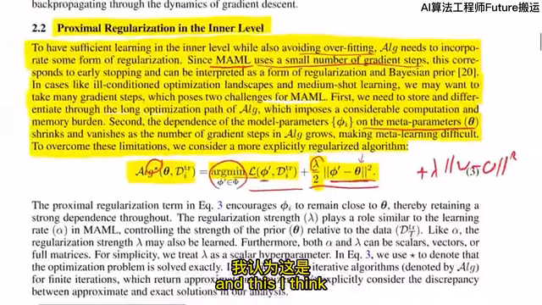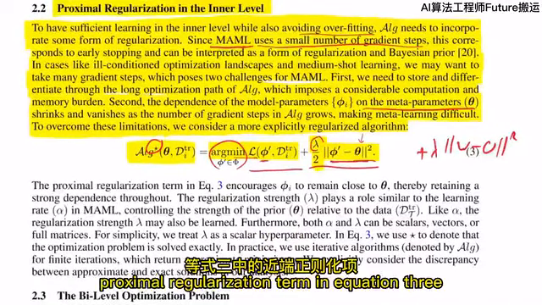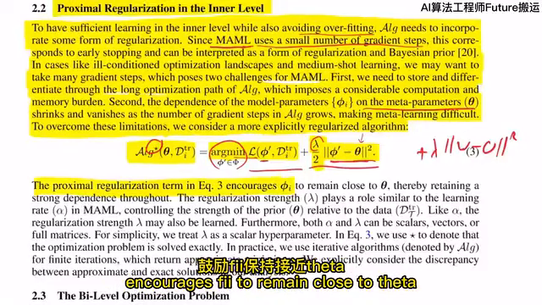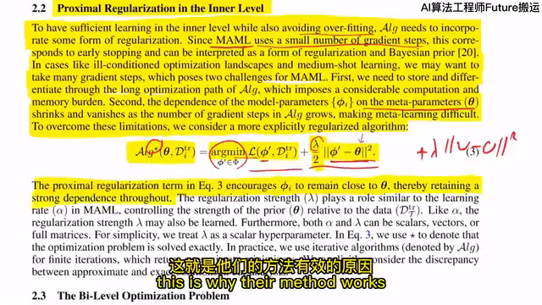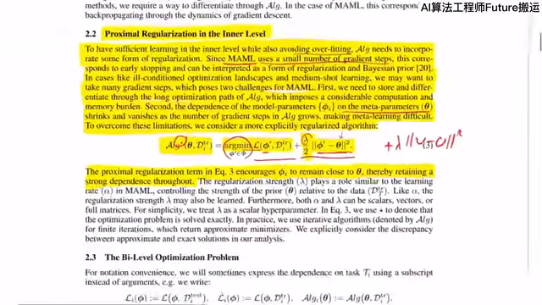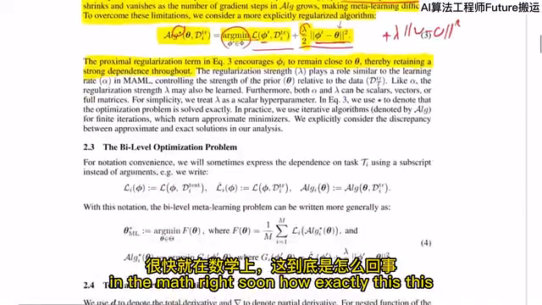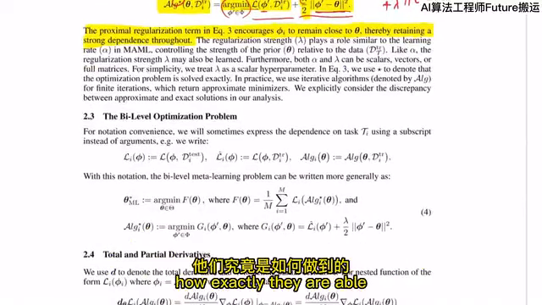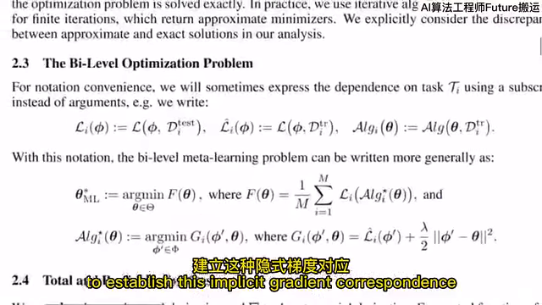And I think they say here that the proximal regularization term in equation 3 encourages phi I to remain close to theta, thereby retaining a strong dependence throughout. This is why their method works. And we're going to see in the math right soon how exactly they're able through this to establish this implicit gradient correspondence.